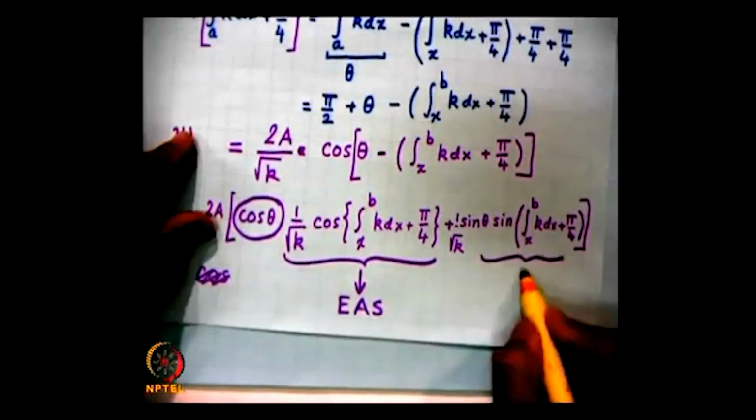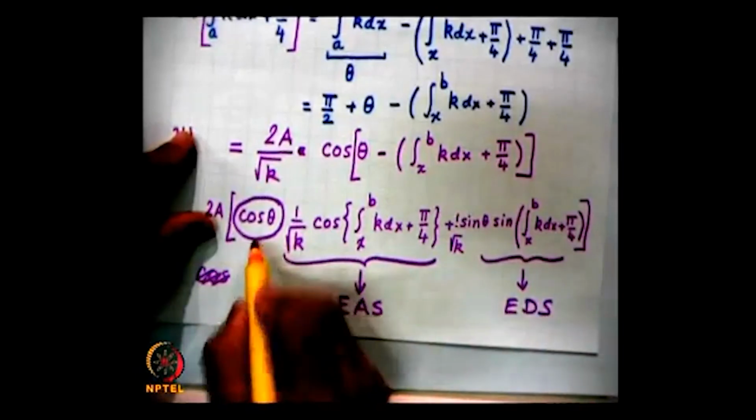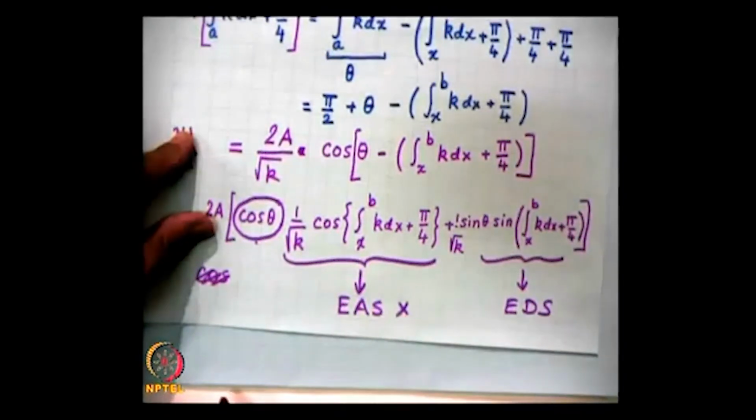This term goes over to an exponentially decaying solution. So, therefore, this cannot happen for a bound state. So, therefore, cos theta must be 0.